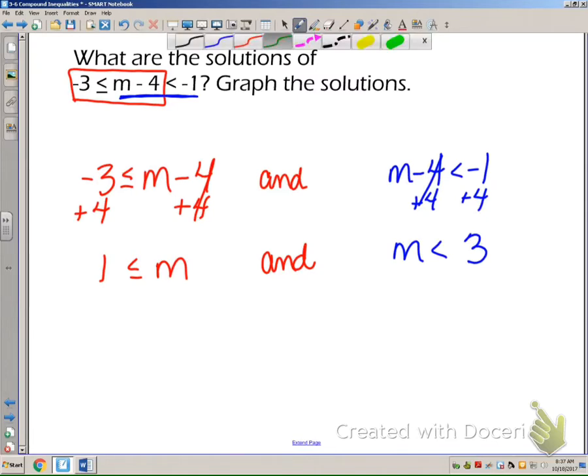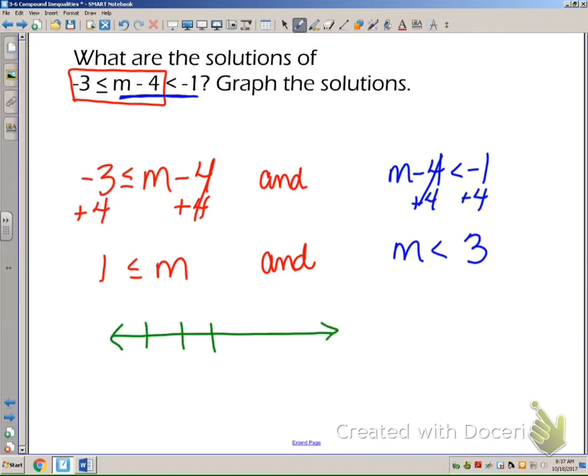And we can look at this on the number line. So 1, 2, 3, 4, and 0. So if I want to graph the red part, we're going to look at the values of m that are larger than or equal to 1. So we know we want to include 1. I always like to flip-flop it because it just, I don't know, makes more sense to me, but you don't have to do that to show that m is greater than or equal to 1.